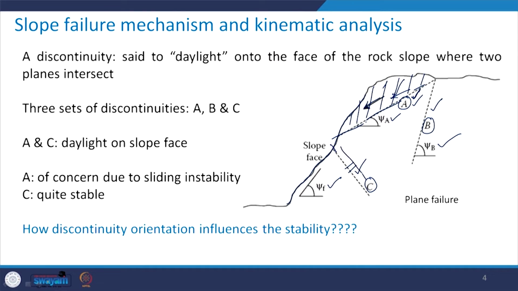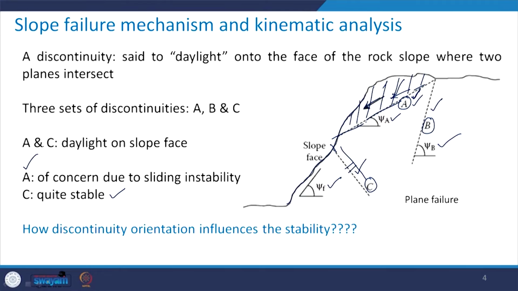So, this will not have any harm to the stability of the slope. So, we can say that this discontinuity C is quite stable. As far as the sliding instability of this slope face is concerned, this discontinuity A is crucial.